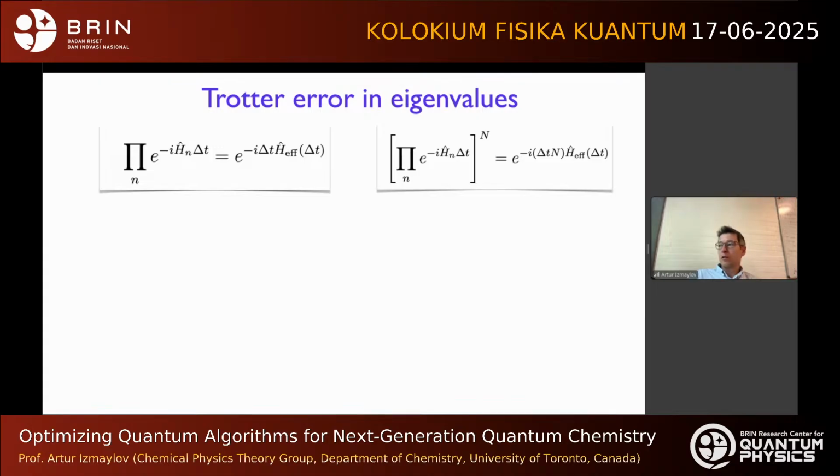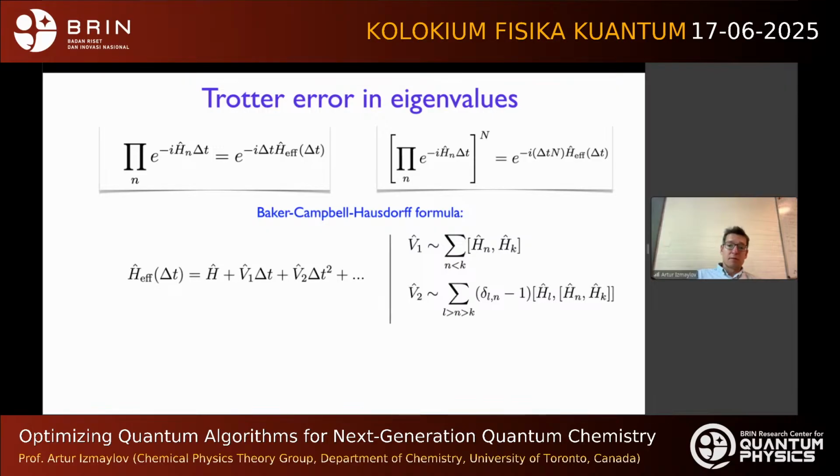If you could write a single H effective generator, then there is a so-called Baker-Campbell-Hausdorff formula for expressing the H effective through the H_n's, fragments of the H. So naturally, the first term is H itself, and then other terms in H effective you could think of as perturbing terms, V1 and V2, which are commutators and double commutators and so on.